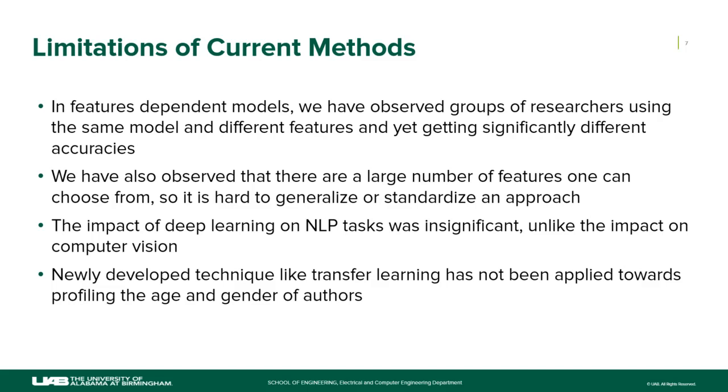The impact of deep learning on NLP, natural language processing tasks, was insignificant, unlike the impact on computer vision. A newly developed technique like transfer learning has not been applied towards profiling the age and gender of authors yet.